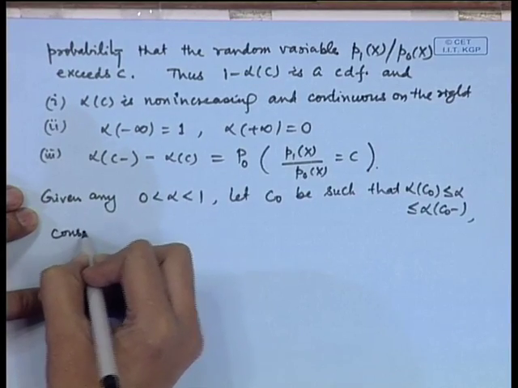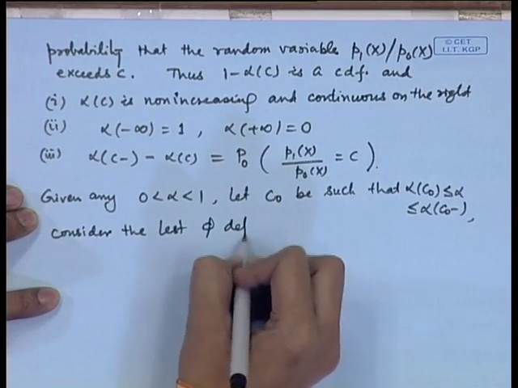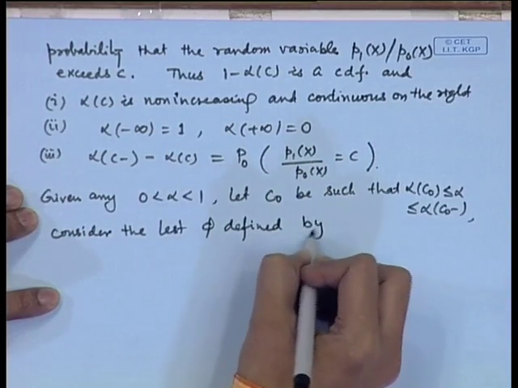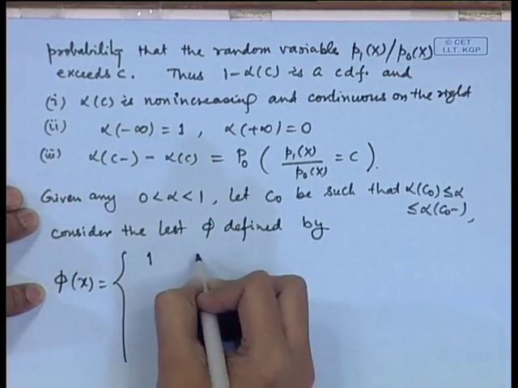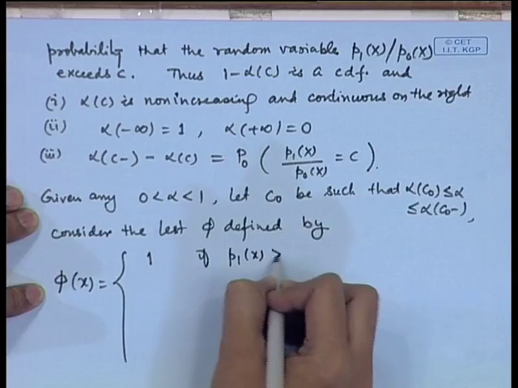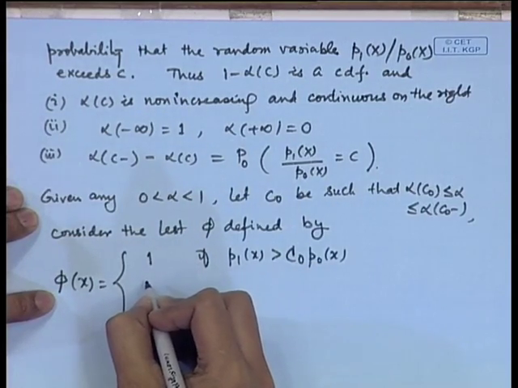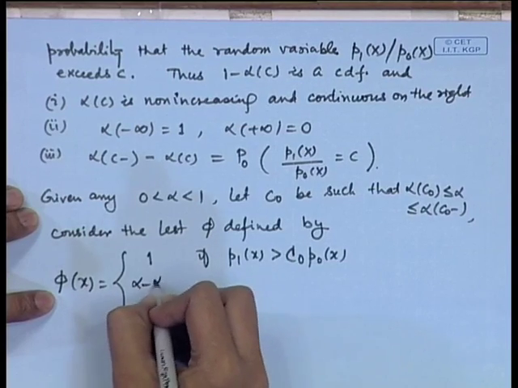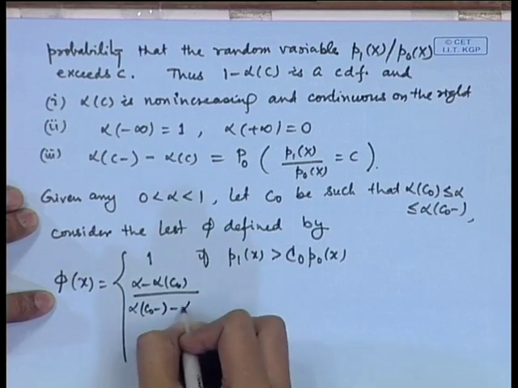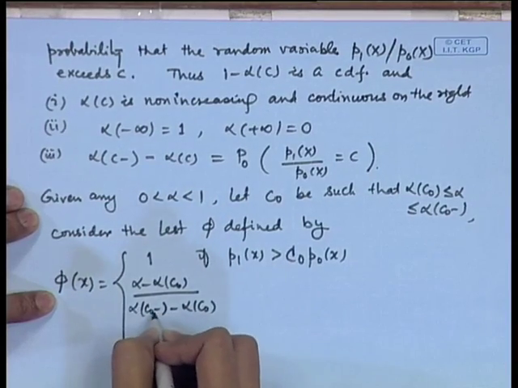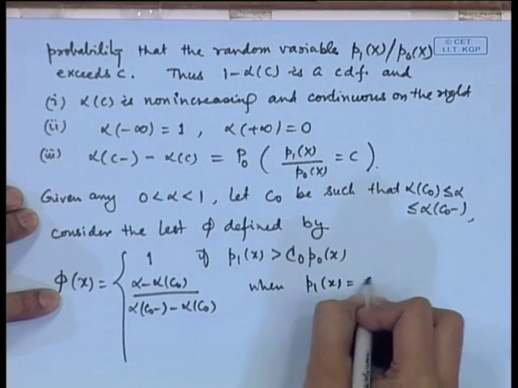Consider the test phi defined by: phi x is equal to 1 if P 1 x is greater than c naught P naught x, and it is equal to alpha minus alpha c naught divided by alpha c naught minus alpha c naught, where the denominator denotes the left hand limit at c naught, when P 1 x is equal to c naught P naught x.